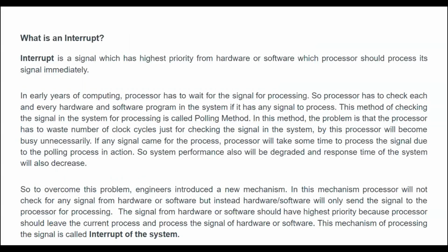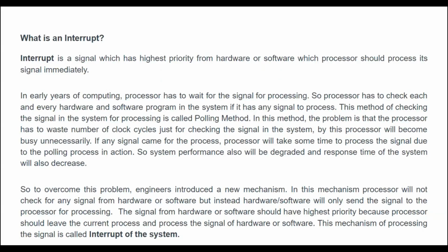So the processor had to check each and every hardware and software program in the system to see if it had any signal to process. This method of checking the system for signals is called the polling method. The problem with this method is that the processor has to waste a number of clock cycles just checking for signals in the system.